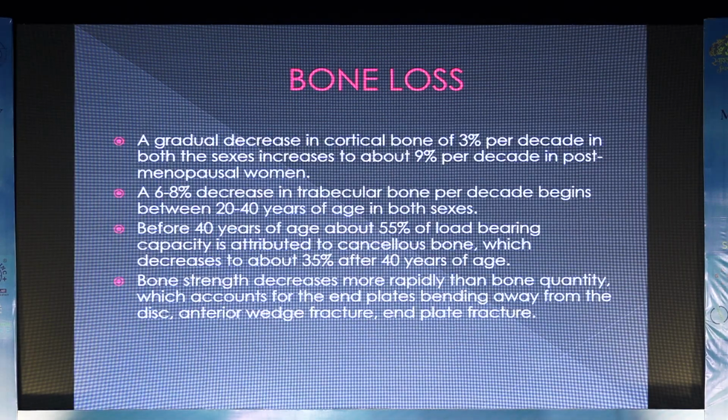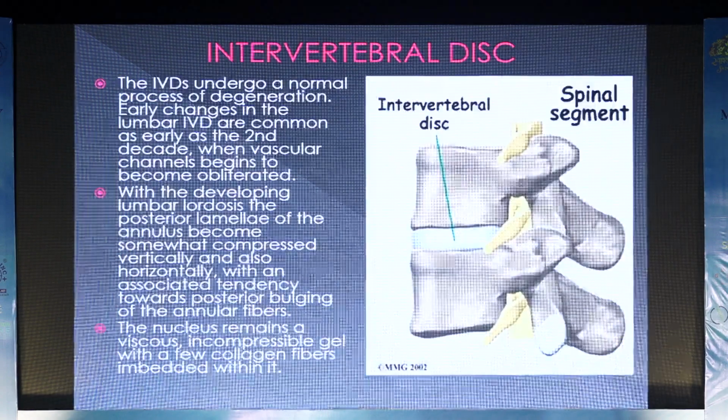A 6 to 8% decrease in the trabecular bone per decade begins between 20 to 40 years of age. In both sexes, before 40 years of age, about 55% of the load-bearing capacity is attributed to the cancellous bone, which decreases to about 35% after 40 years of age. Bone strength decreases more rapidly than the bone quantity, which accounts for the end plate bending away from the disc, resulting in anterior wedge compression fracture.